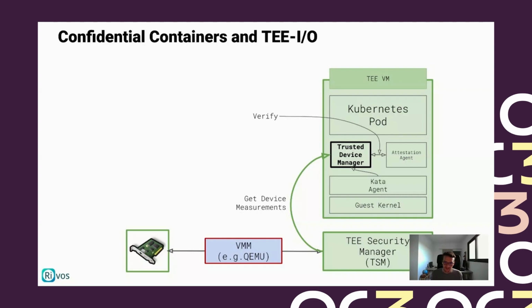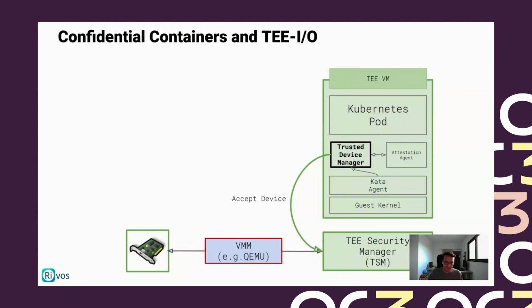The attestation agent is an already existing part of the confidential containers stack, and it actually verifies those measurements and makes sure that the device is running a software stack and hardware security posture that is trustworthy.